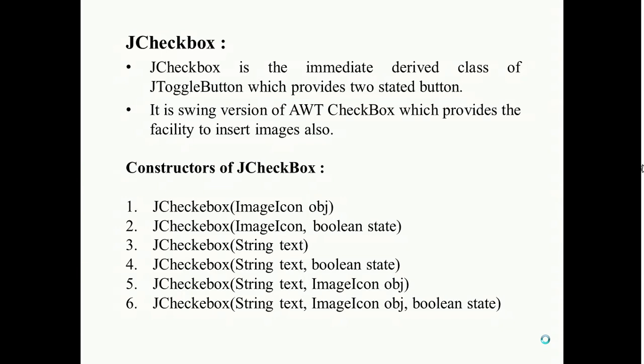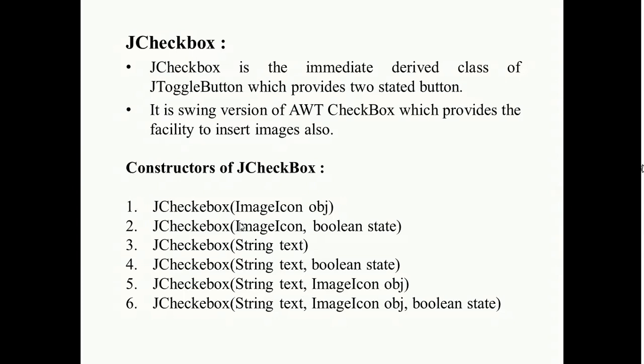Now see the constructors of the JCheckBox. There are 6 constructors of the JCheckBox. First constructor is JCheckBox with the parameter ImageIcon object. The second constructor is JCheckBox with 2 parameters, ImageIcon and boolean state. The third constructor is JCheckBox with 1 parameter, String text.